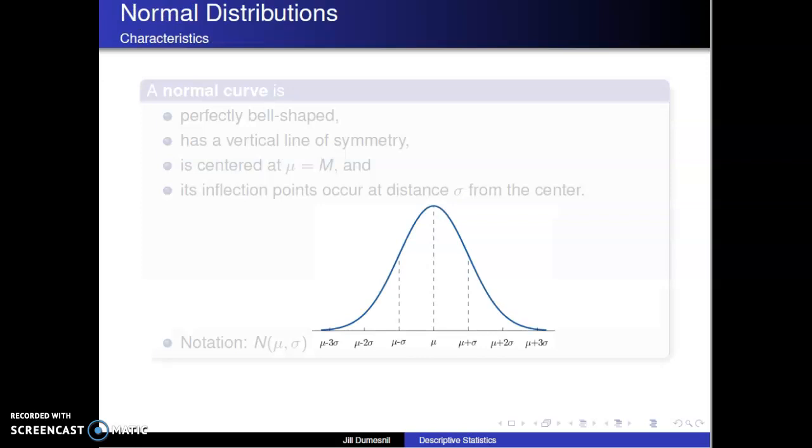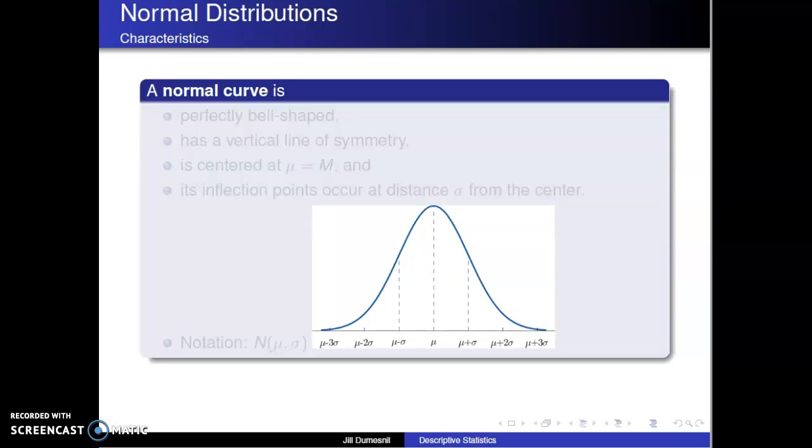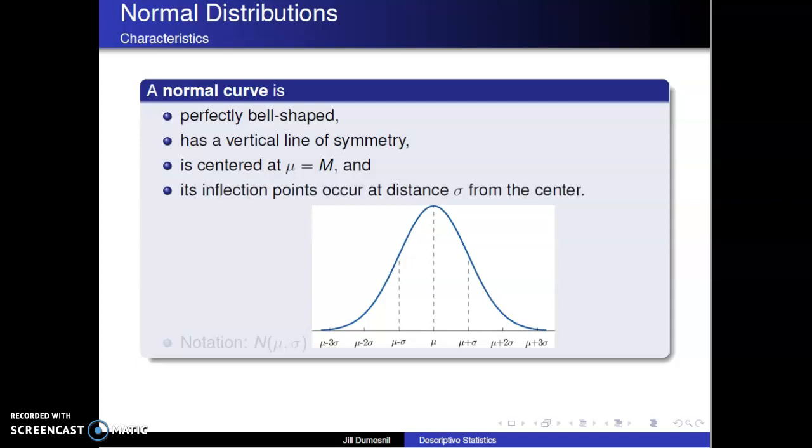Most statistical techniques require normal distributions, so it's useful to consider some of the characteristics of those particular distributions. A normal curve is perfectly bell-shaped, has a vertical line of symmetry, is centered at the mean, which equals the median due to symmetry, and its inflection points, where the shape of the curve changes, occur at a horizontal distance of sigma from the center as shown in the diagram.